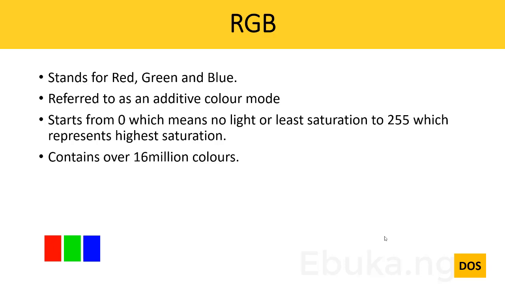But for RGB it's just light play, so you can get as many as 16 million colors, while CMYK has just 1 million colors.